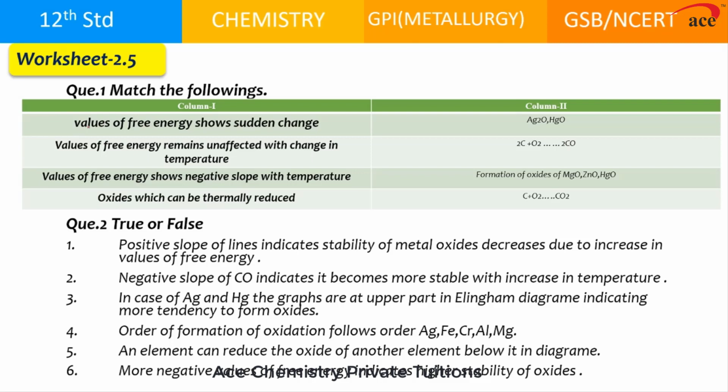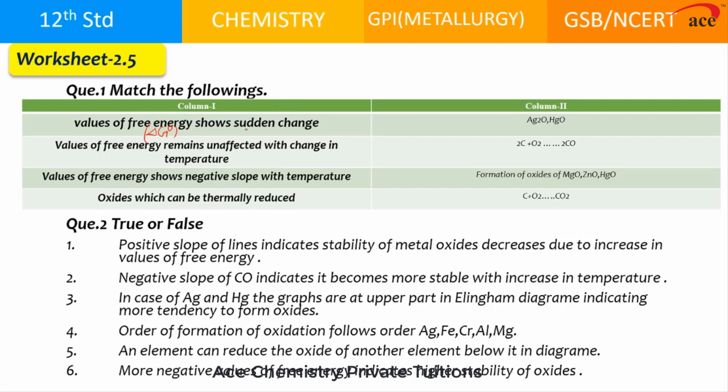If you see the first one, which says values of free energy, here the free energy is what? It is delta G. More correctly, delta G naught, which is referred to as what? Standard Gibbs free energy. So delta G naught is plotted on the y-axis versus temperature on the x-axis. So values of free energy show sudden change.